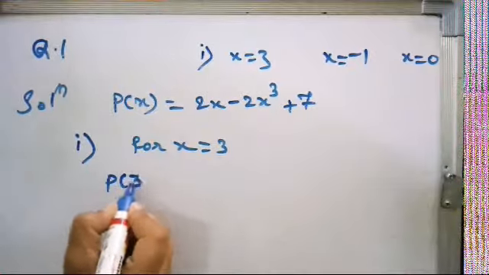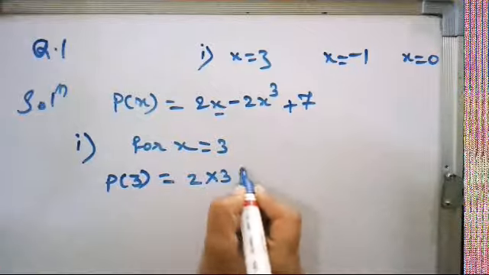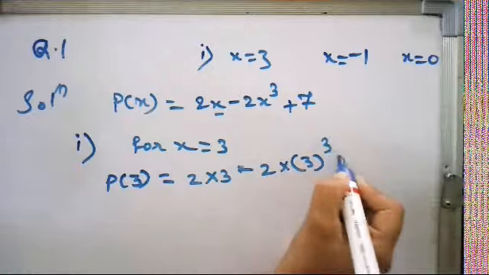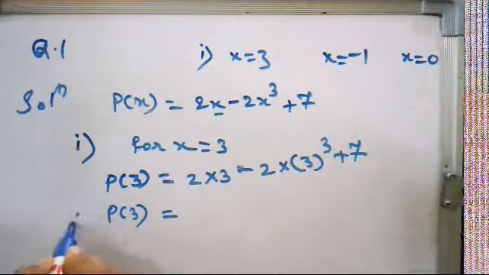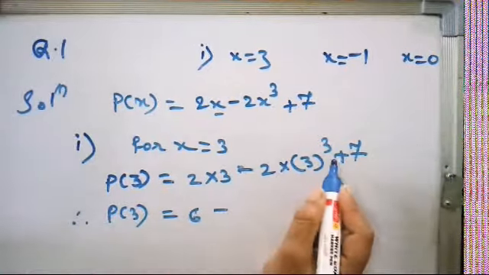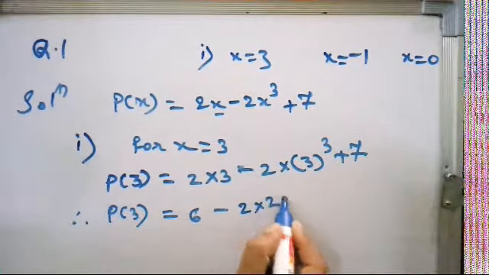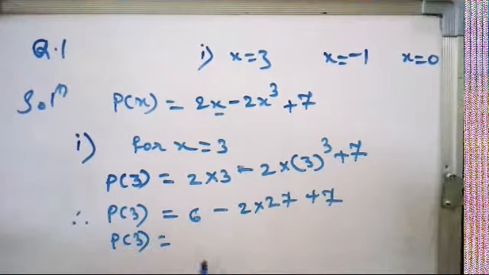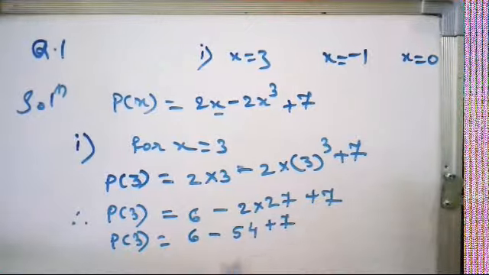So p of 3 is equal to 2 multiplied by 3 minus 2 into 3 cube plus 7. Then p of 3 is equal to 2 into 3, 6, minus 3 cube: 3 threes are 9, 9 threes are 27. So 2 multiplied by 27 plus 7. Then p of 3 is equal to 6 minus 54 plus 7.